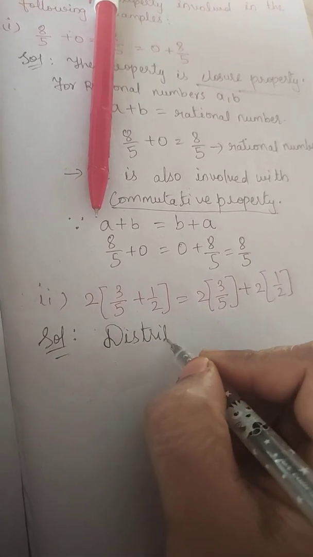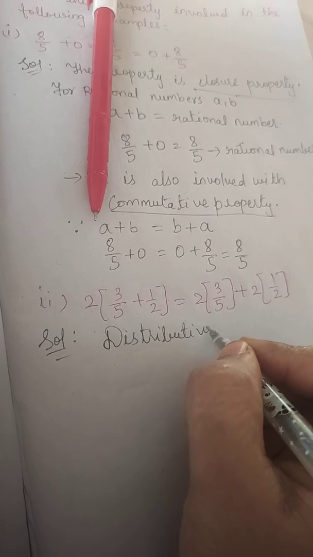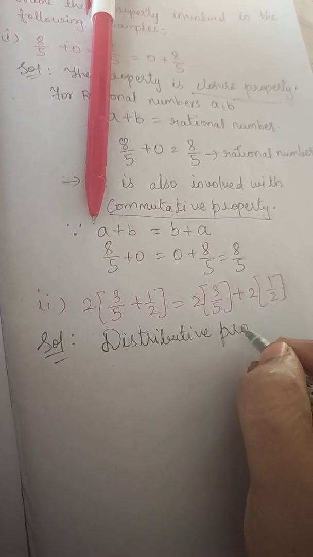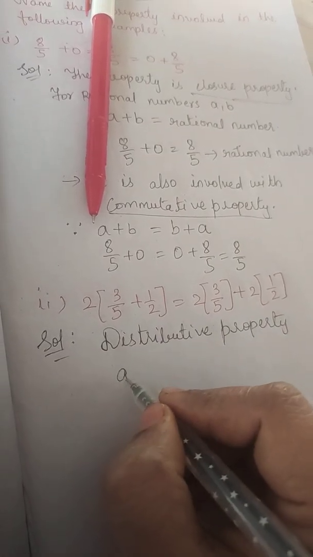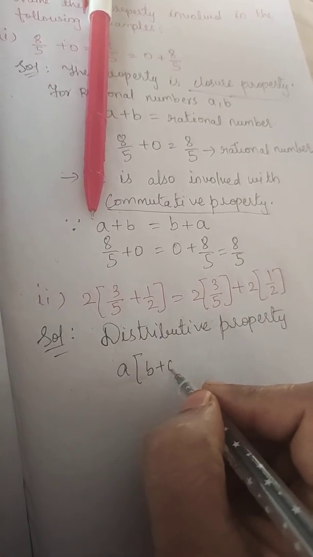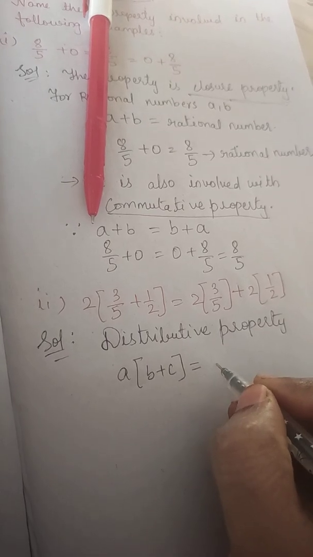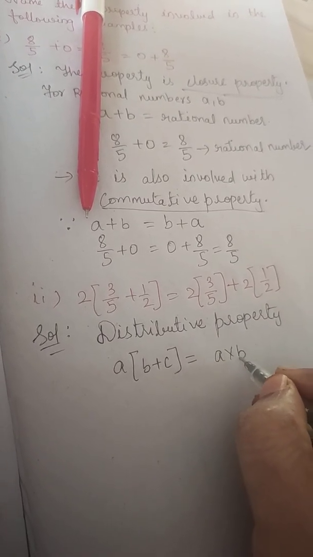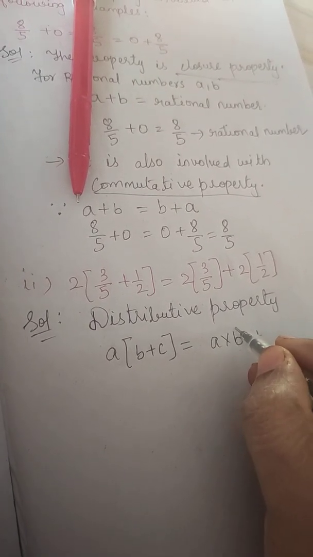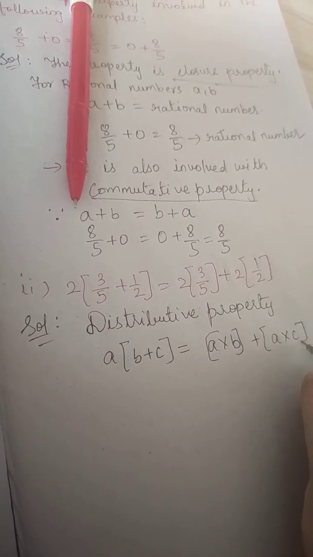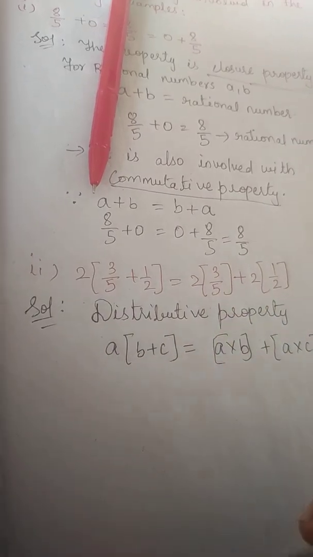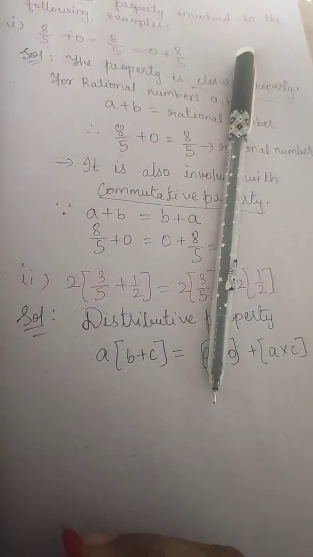Distributive property. Why? Because what is distributive property? a into b plus c should be equal to a into b plus a into c. Hence this property is satisfied here. Okay, we will see the next one now.